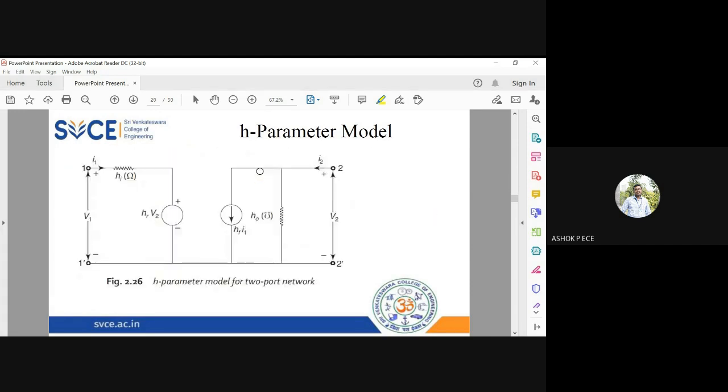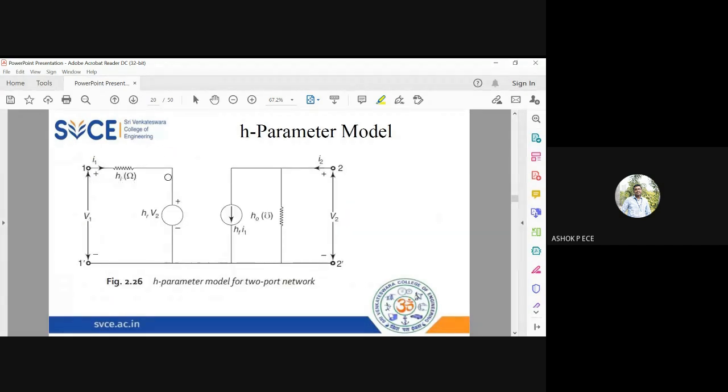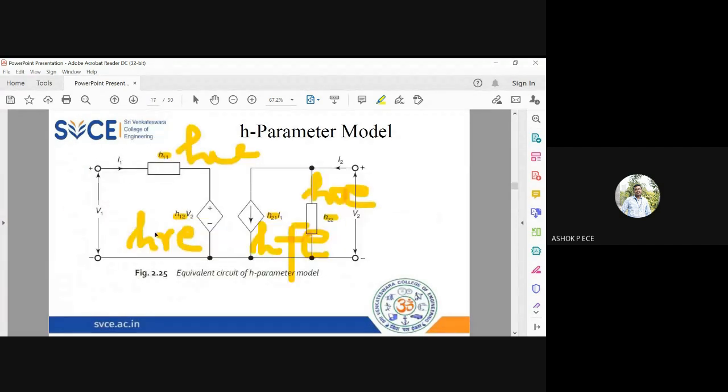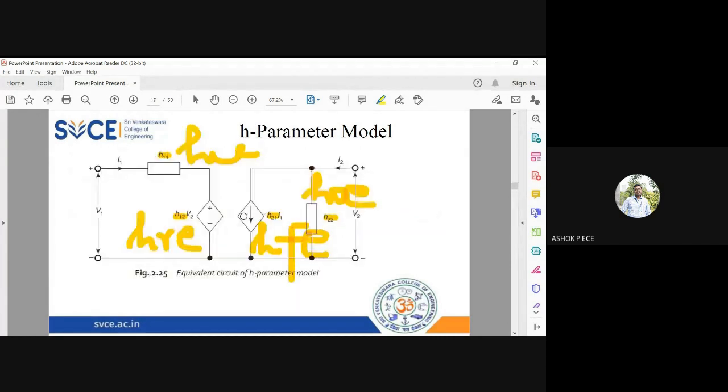Okay. So now you see the same diagram is redrawn with I notation. In the diagram, 1 is replaced by I. So see here, HI. 2 is replaced by HR. H21 is replaced by HF.